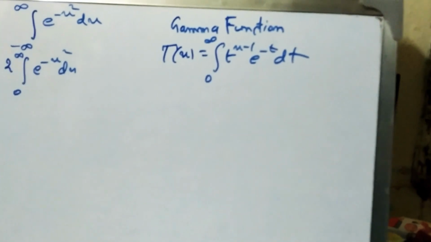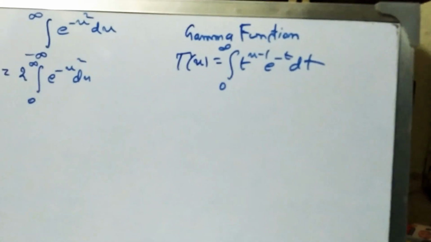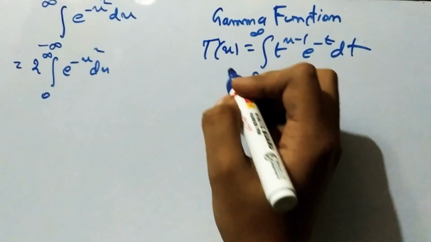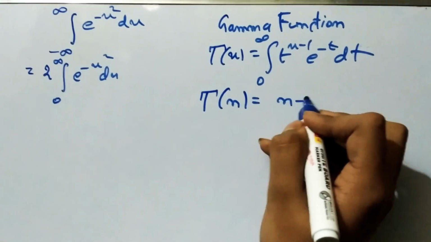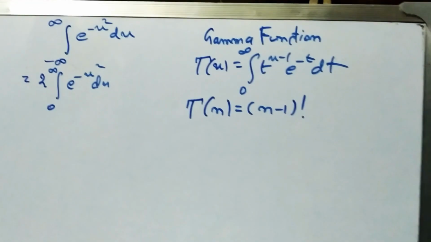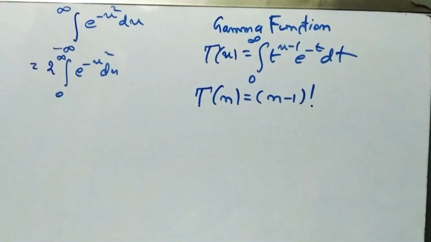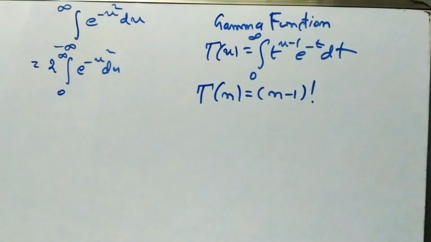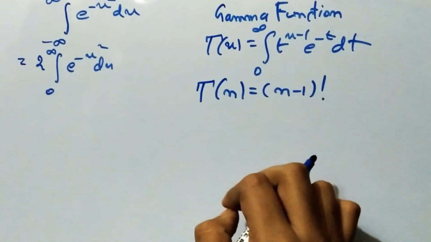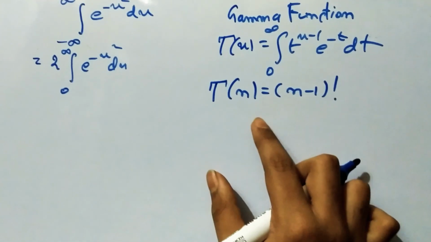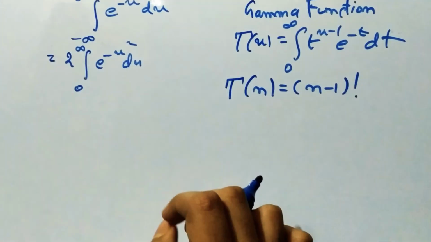Now we're going to define some properties of this integral. This is a very important property. This is the gamma function's property, and this is what makes it so useful. We're going to use this particular form in order to solve this.